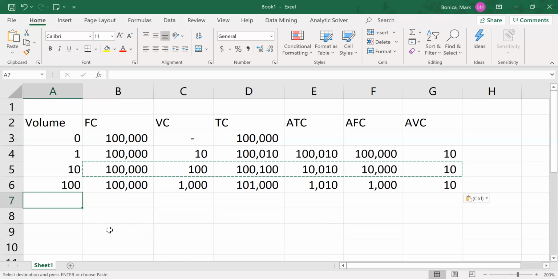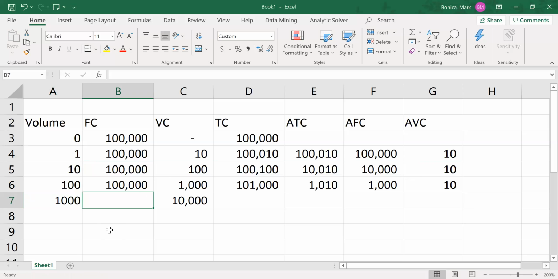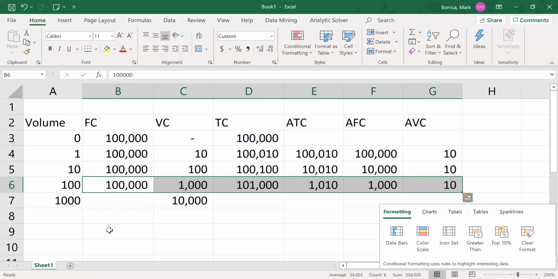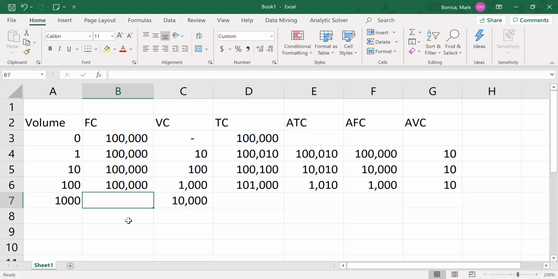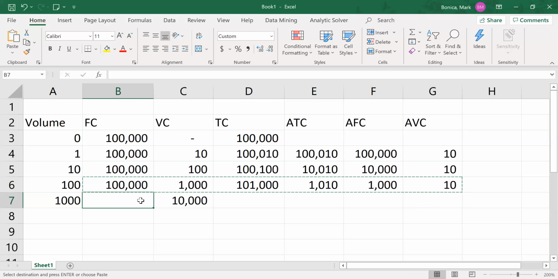Okay, so now we'll jump to 1,000 units. At 1,000 units, what's my fixed cost going to be? 100,000.